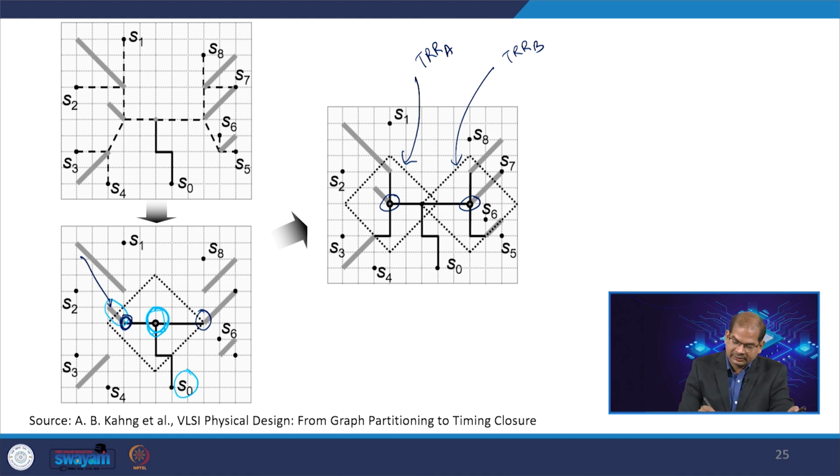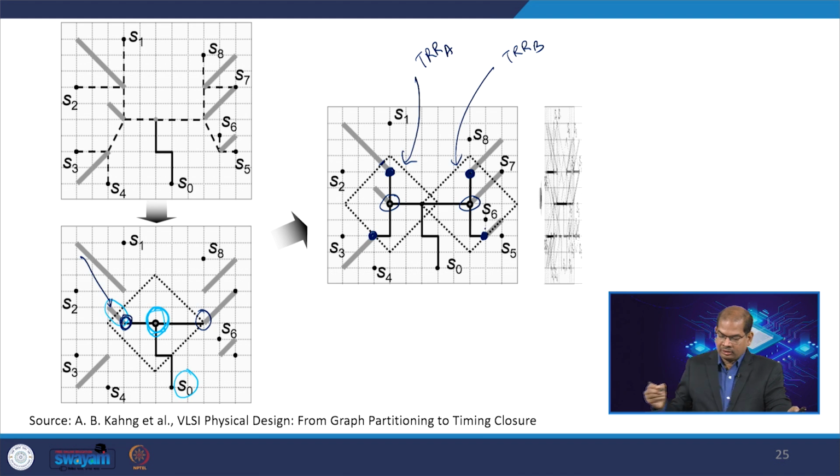So, here it is touching, okay, but this is not on grid. So, we have to check the point where it is on grid actually. Similarly I will go here, it is not on grid. So, I will go till this point actually. So, this is my tapping point. So, these are my tapping points actually.